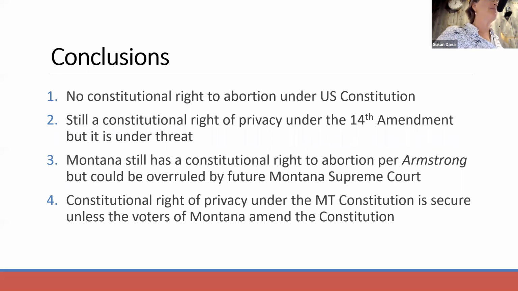But it's entirely possible that Montana might vote to exclude abortion from that right. But the most immediate thing is the question: the Montana Supreme Court will face the question of Armstrong probably next year. And then the question of the Constitution, I guess, will also happen in our next legislative session.